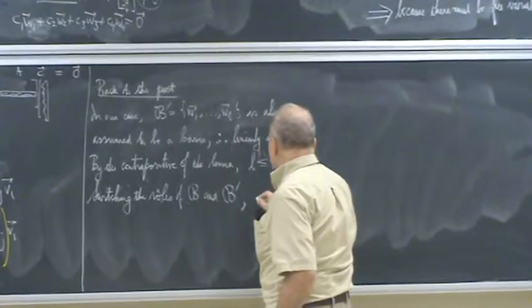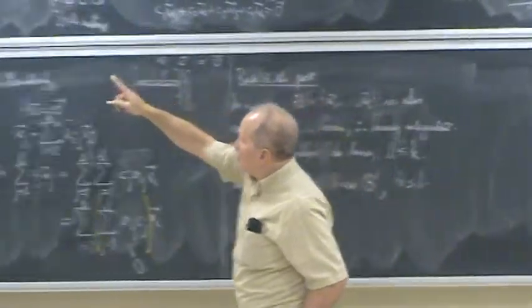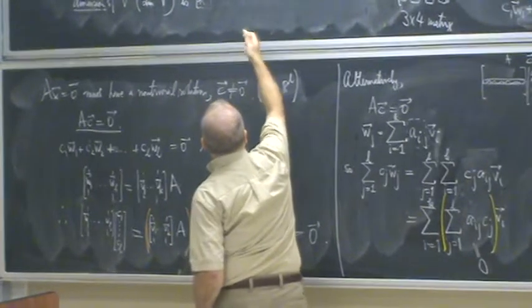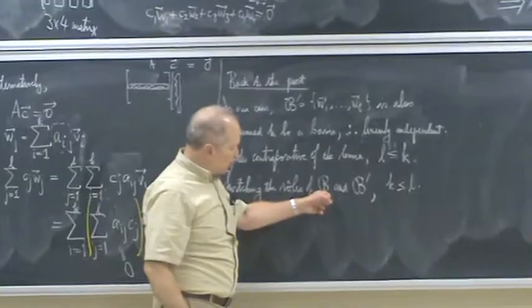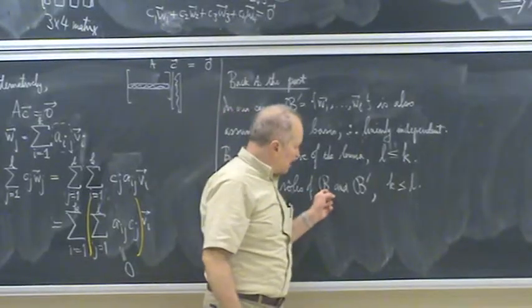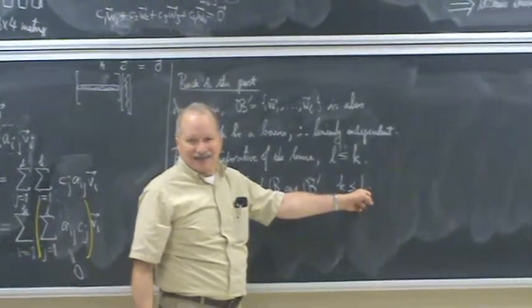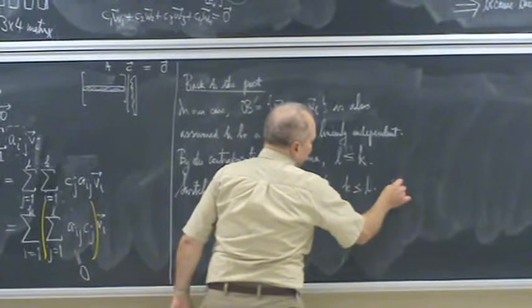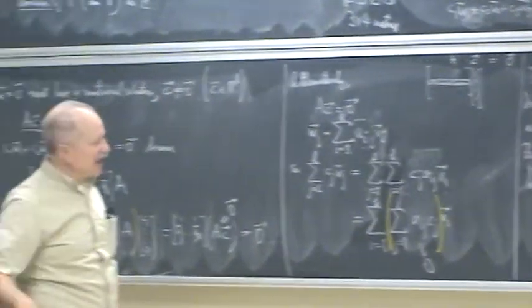That k is less than or equal to L. If you swapped the roles of the two things, you now would prove that the new candidates, the V1 to Vk, can't have any more of them than are in the basis B prime that we already knew was a basis. So now we're done. So that's that.